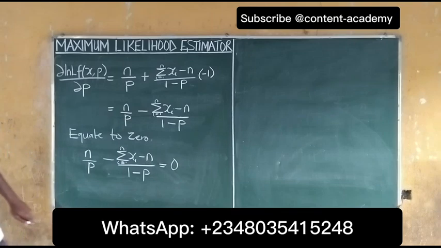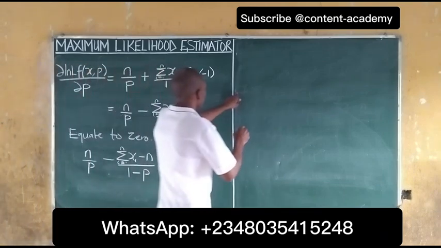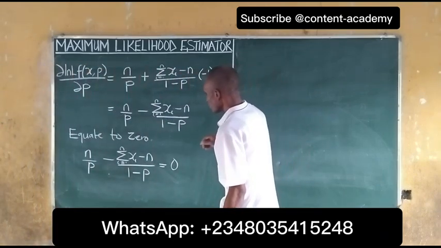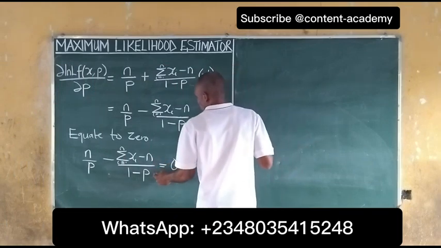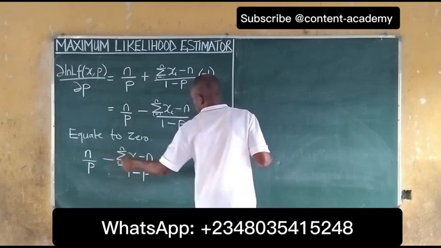So this is how we can solve for the maximum likelihood of the geometric distribution. So we have this. The next thing for me to do is to cross multiply.